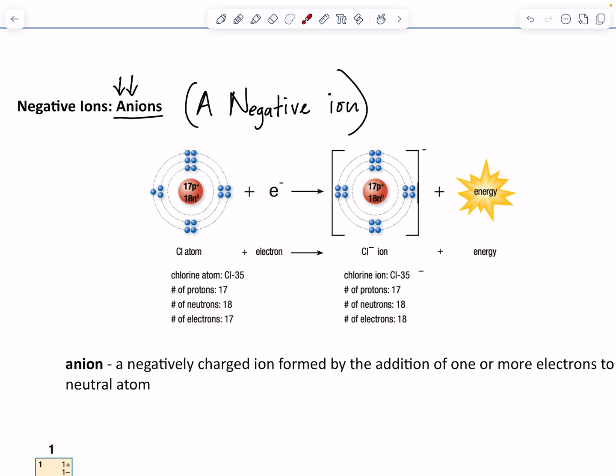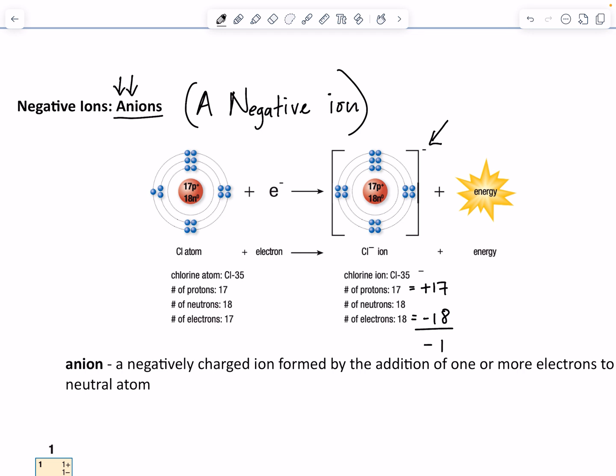In this case, since we have 17 protons and 18 electrons, we end up with an overall charge of -1. And this overall charge of -1 is denoted as a superscript at the top of the model of the ion.